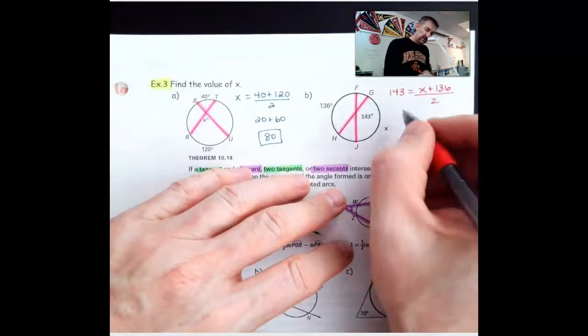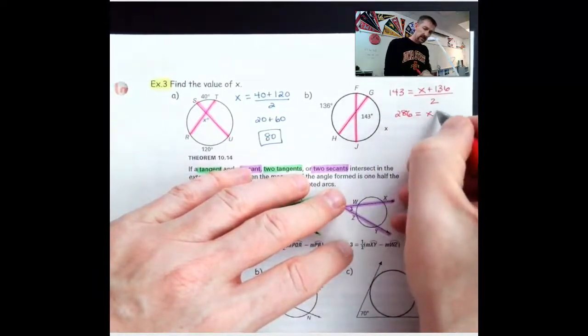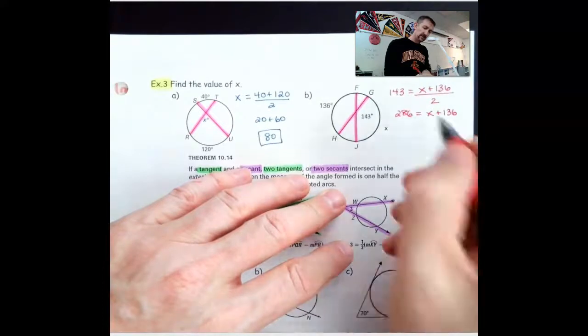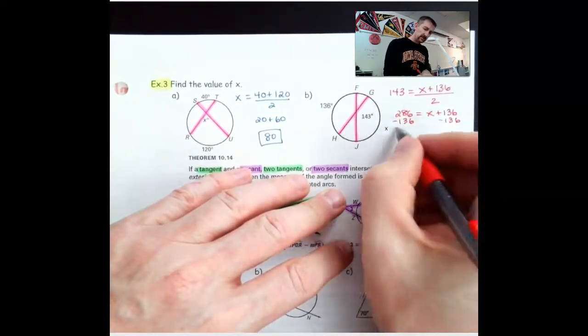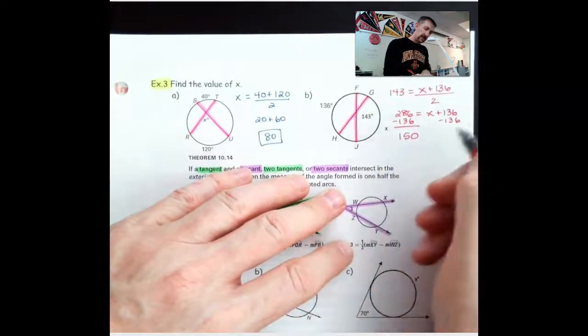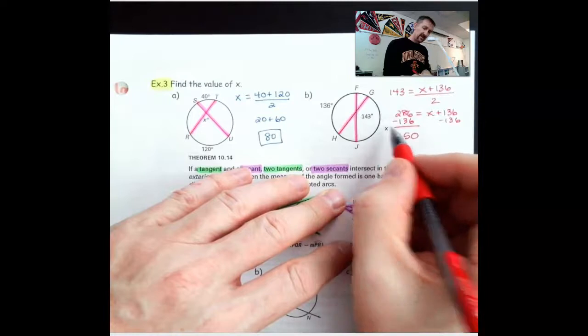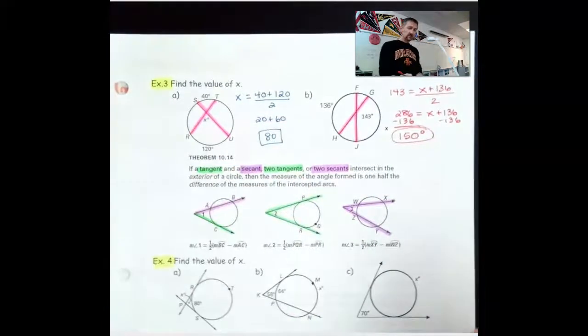I'm going to go ahead and multiply both sides by 2. So that's going to be 286 equals x plus 136. So if we subtract 136 from both sides, we get 150. Now, here, x does not have degrees on it, so we should say 150 degrees is what x equals.